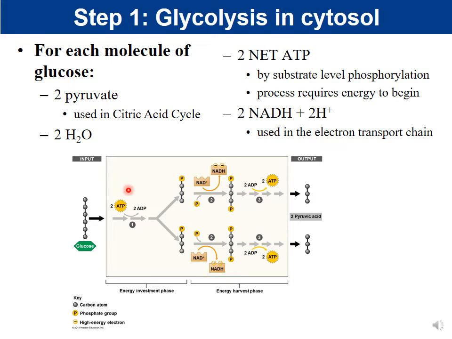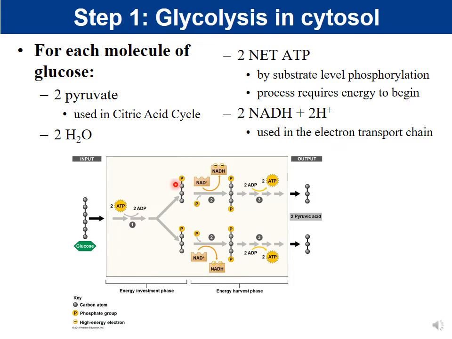So 2 ATPs have to be put in, and they get hydrolyzed to form ADP, and that will get the reaction started. Now we're going to break the bond in the glucose and break it into 2 3-carbon fragments. Electrons during this process get transferred onto NAD+.